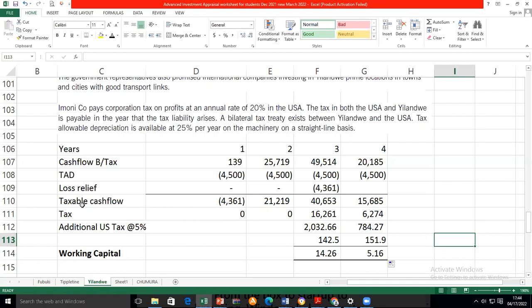So the point is you need to go to the taxable cash flows and charge the additional tax on these figures.